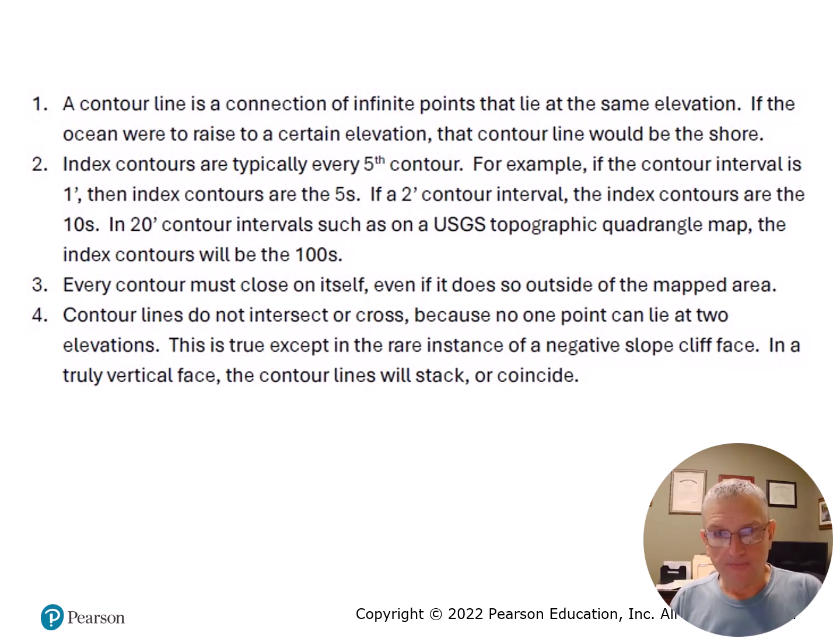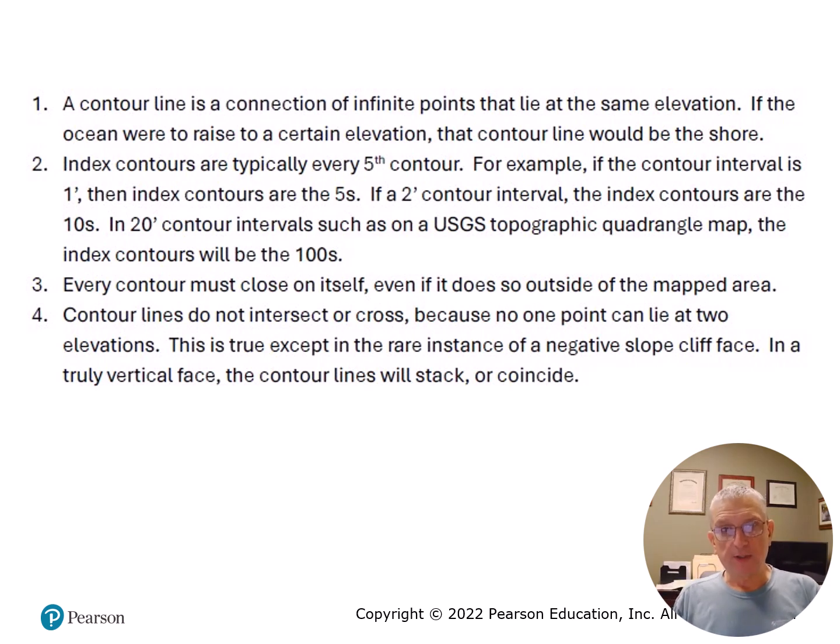For example, if the contour lines are drawn at a 1-foot contour interval, where you go from 941 to 942 to 943 to 944, 940 and 945, as well as 950 and 955, are index contours. The ones in between, the 1, 2, 3, 4, 6, 7, 8, 9 contours, are intermediate contours.